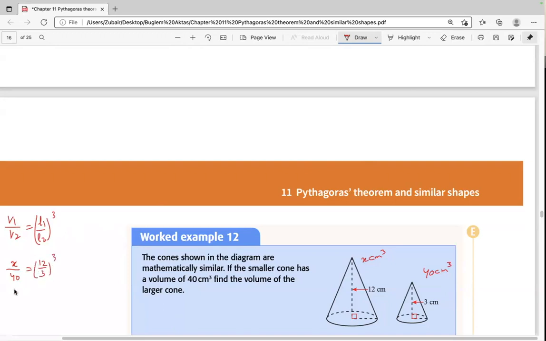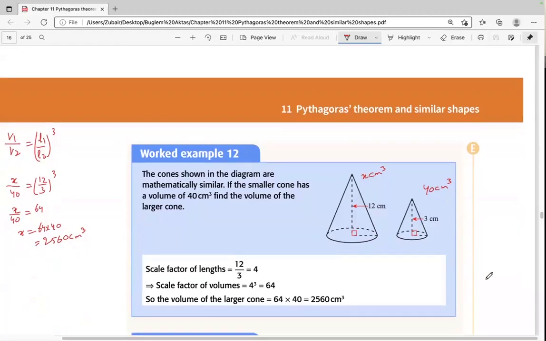That's right. Two, five, six, zero centimeter cube. And x equals 2560.